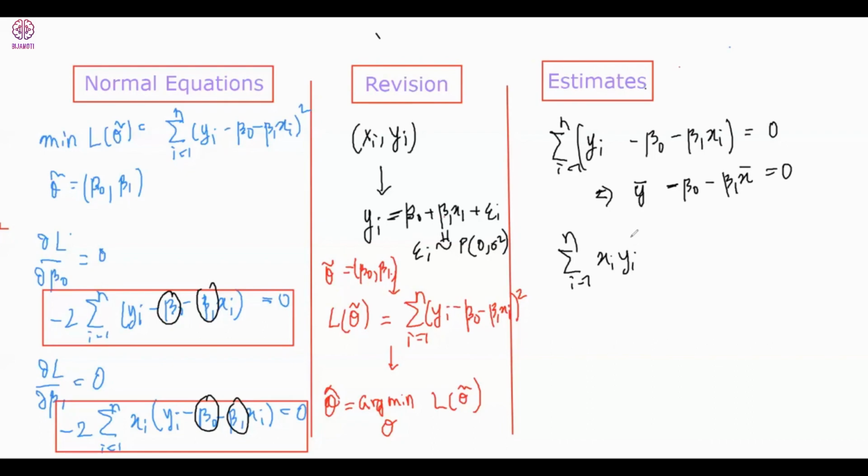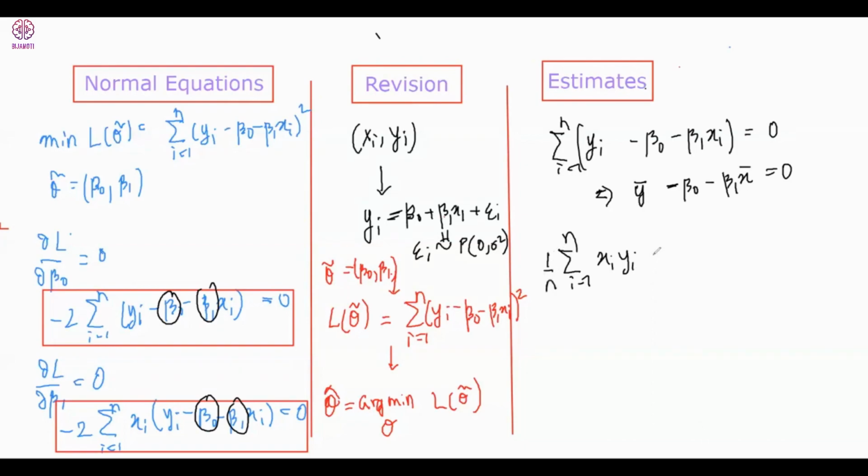Essentially, we got two linear equations in beta naught and beta 1. My computer hung a bit. Just wait for a minute. Yeah, it came back alive.